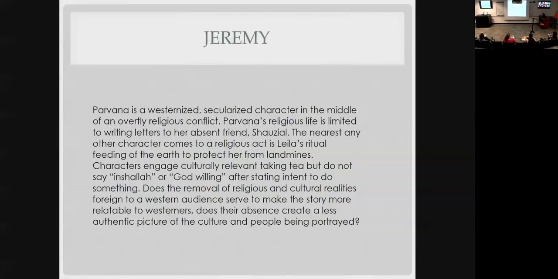Because I would not be surprised if Parvana herself is more secular, because her father is educated in England, so that wouldn't be unusual. And he wanted his daughter to be educated too. Exactly. But I wonder about Asif and Layla not really having anything.